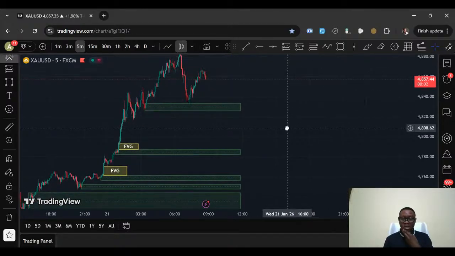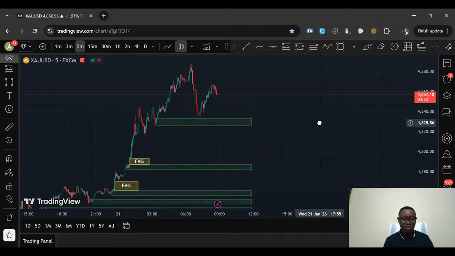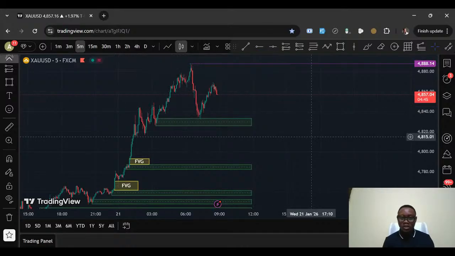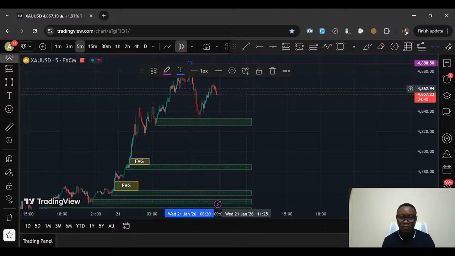So we're able to mark out our order block zones where price would most likely react and give us a bullish movement. That's what we're anticipating. However, don't forget to always mark out your resistance level, the most recent high. That is where you will be targeting for your TP, take profit level.